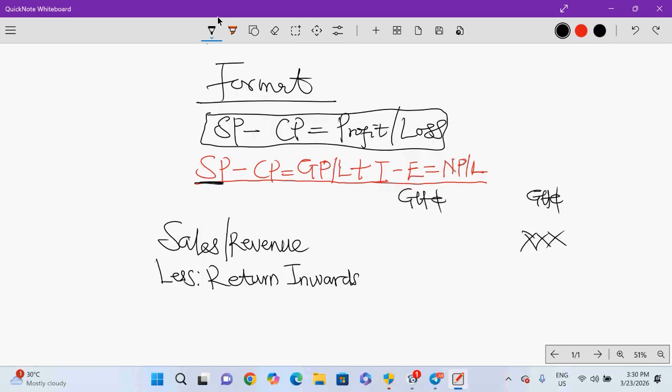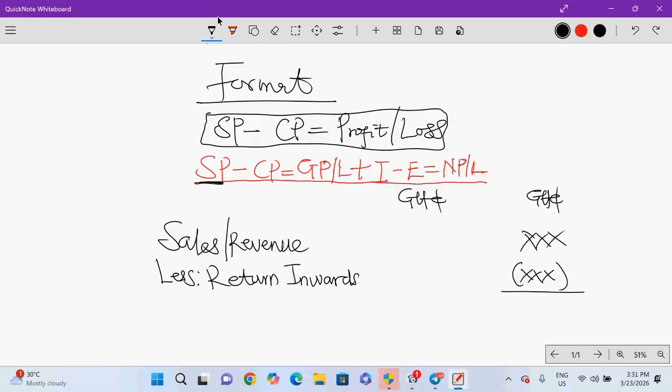So you think that you are the business. So once we say return inwards, it means it is coming towards us. So here we are going to record the return inwards because they have returned part of the goods to us. And once they return part of the goods, it means our revenue would fall short.